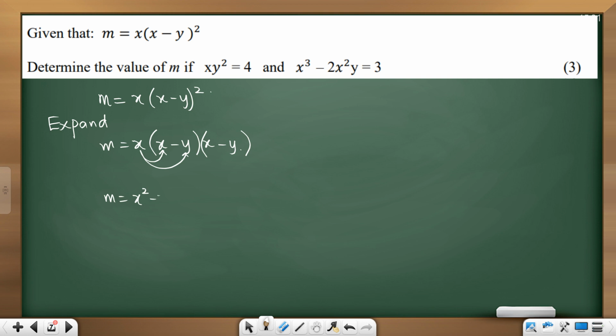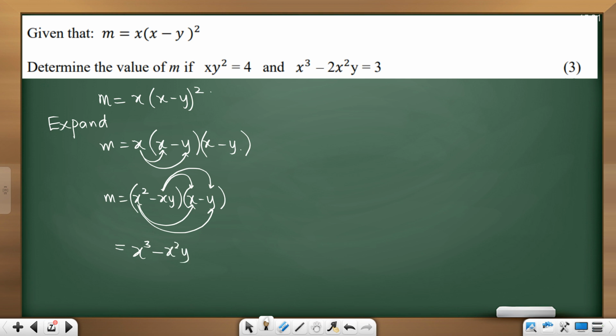What will I get? x squared minus xy into bracket x minus y. Oh, now I can multiply that again. Just normal expansion, guys. So what are we going to have? x squared times x cubed minus x squared times y, x squared y.